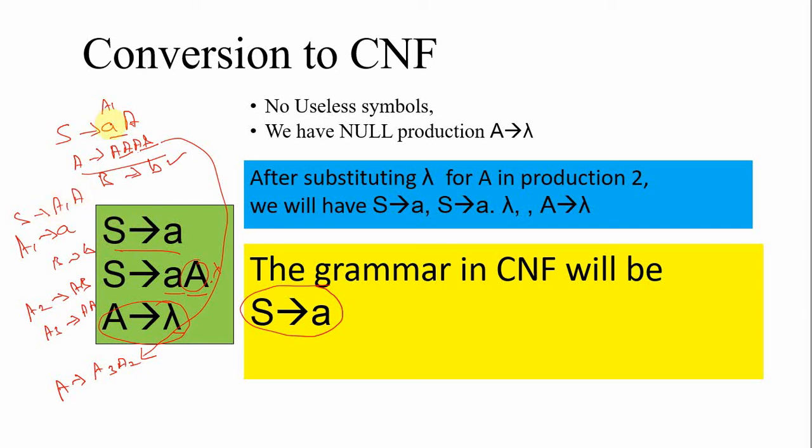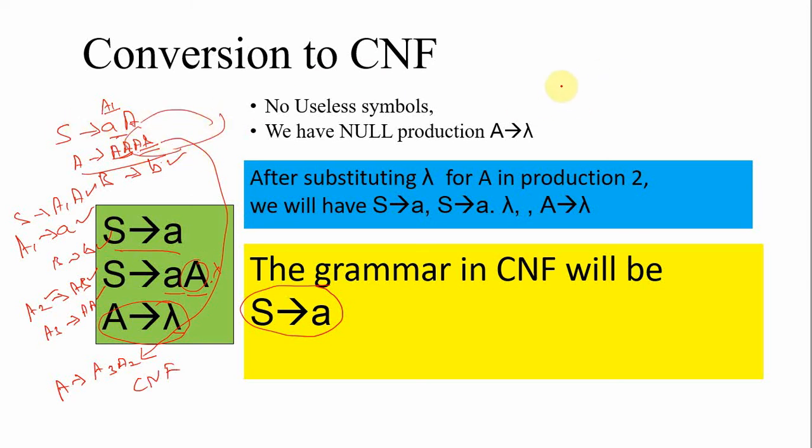So for this A we have got A1, this is already in CNF. For this production we have introduced new variables. For AA we have introduced A3, for AB we have introduced A2, and by substituting A3 and A2 we will get A gives A3 A2, which is in CNF. This is how we can tackle the situation if we have more than 2 symbols on the right hand side.